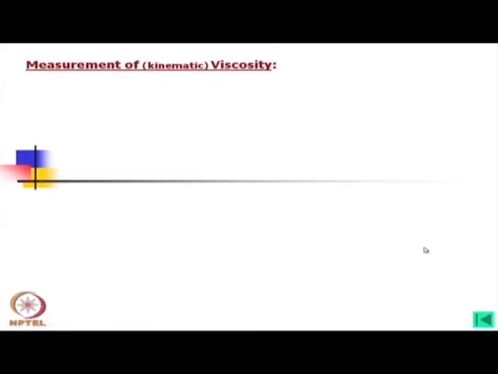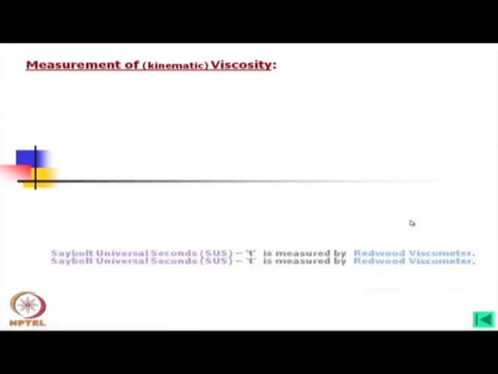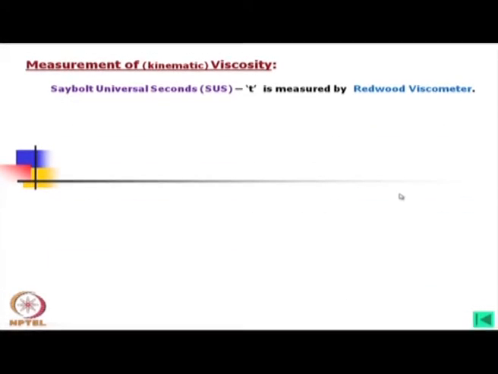Measurement of kinematic viscosity. Saybolt universal second is a time measured for reduced viscosity. What is it?